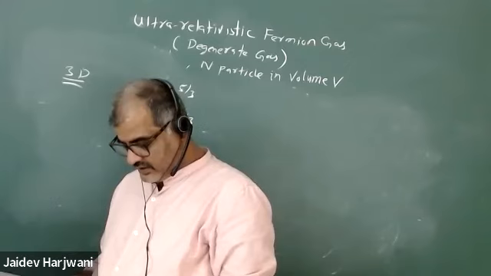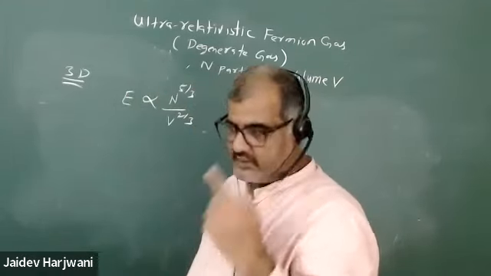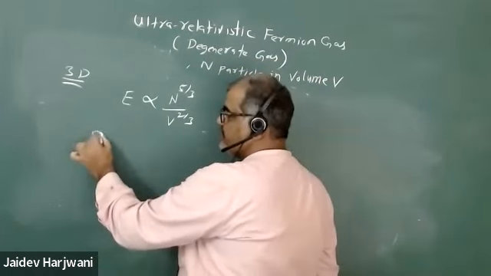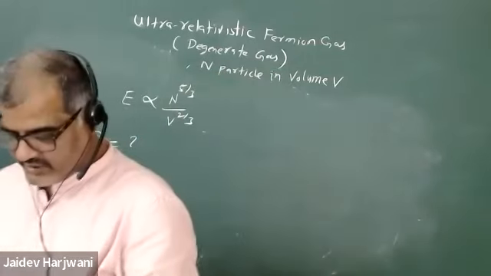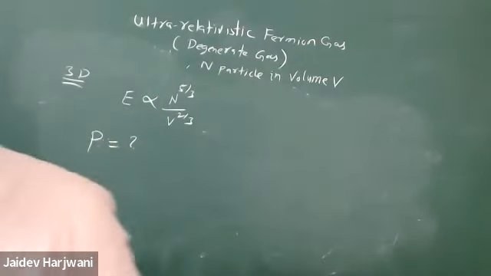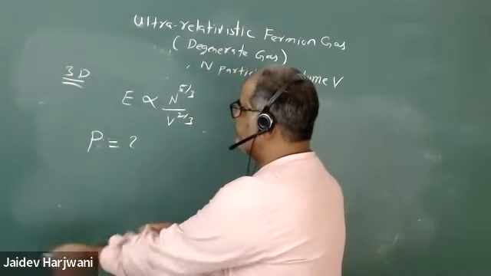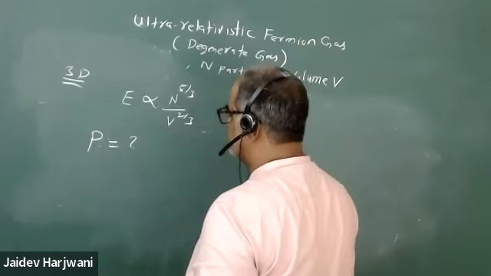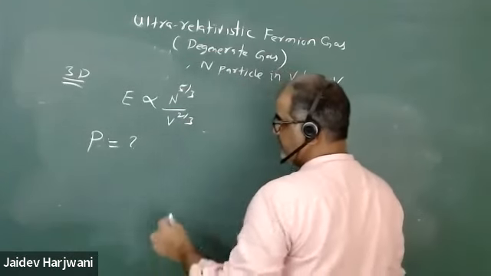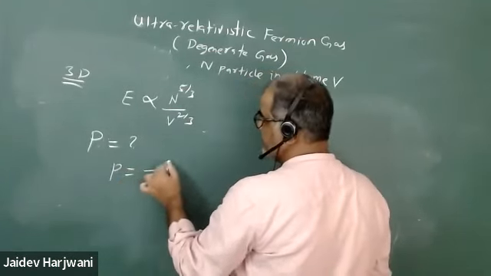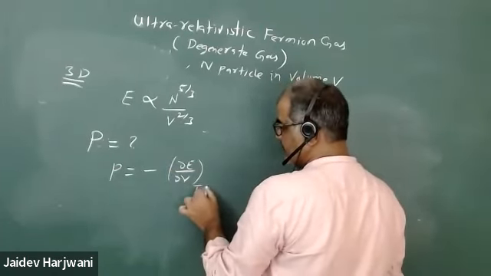They are asking to identify the correct gas equation. That means asking pressure. What is the gas equation? PV. So basically, it is asking to calculate pressure. So what should I do now? I need to calculate minus del E by del V, keeping temperature and number constant.